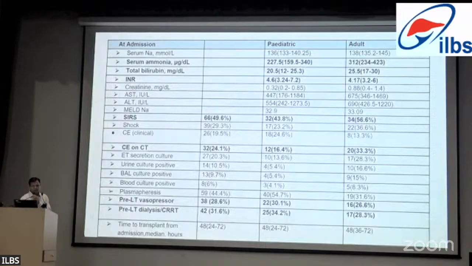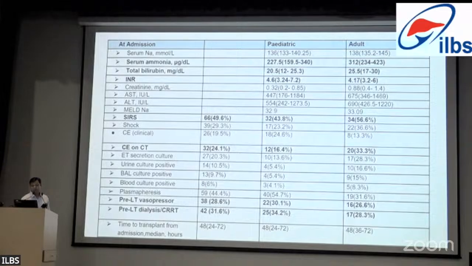Coming to other parameters at the time of admission, that is serum sodium level and ammonia. Ammonia level in pediatric patients is 227 on average, the median value, and in adults it is 312. Total bilirubin level, these are all highly jaundiced patients, 20 bilirubin in pediatric and 25 in adult. PT-INR value is quite high, 4.6 and 4.17.